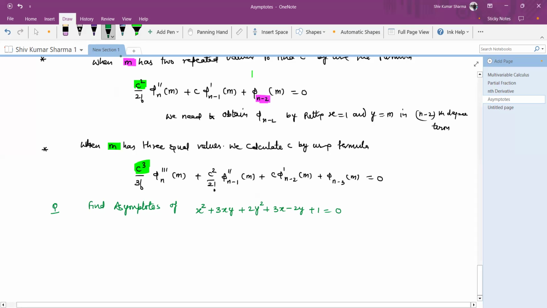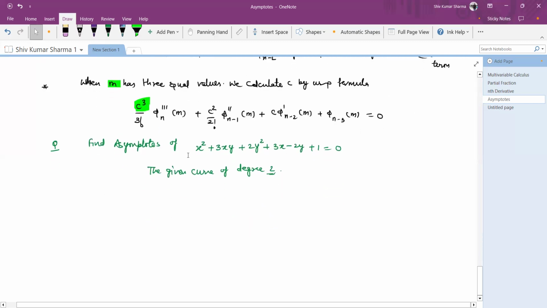We see that the given curve is of degree 2, so the highest degree of the given curve is 2. It means that there are two asymptotes. So this curve has two asymptotes.